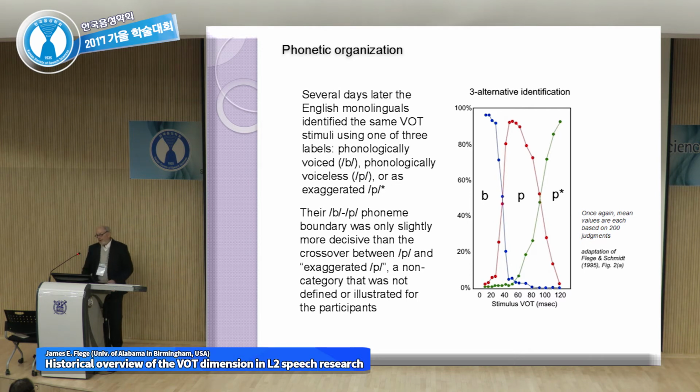Several days later, the English monolinguals came back and identified the same VOT stimuli using one of 3 labels: phonologically voiced, B, phonologically voiceless, P, let's call it, or as an exaggerated P. Their B-P phoneme boundary was only slightly more decisive than the crossover between P and exaggerated P, a non-category that was not defined or illustrated for the participants.